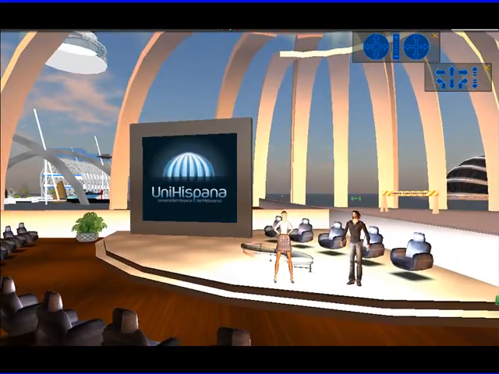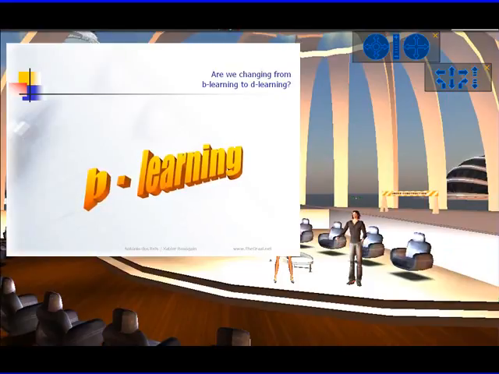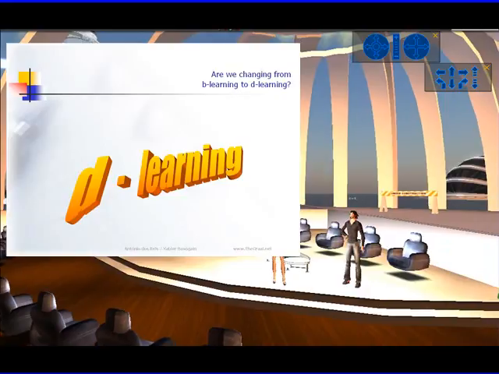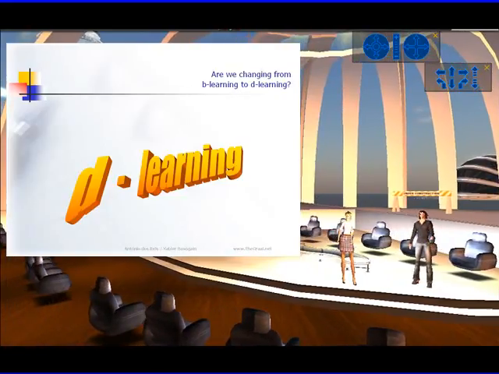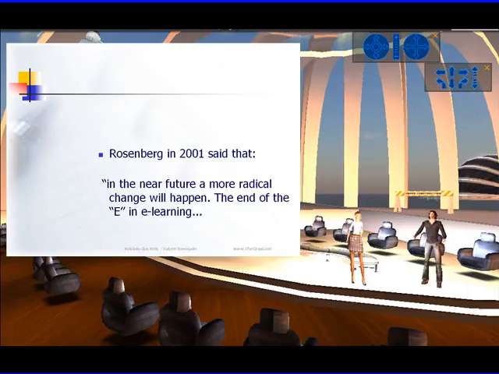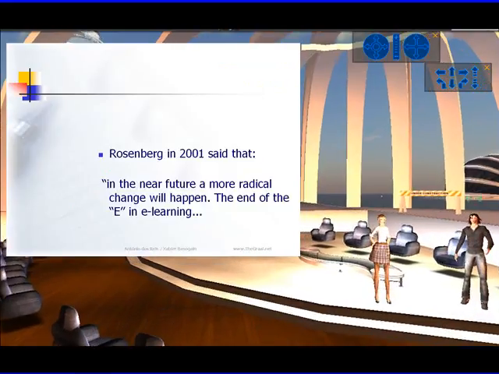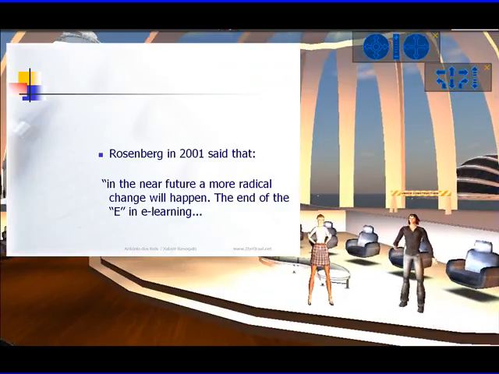And the question is, are we changing from e-learning to d-learning? From mixed learning to digital learning, the concept? I should say not. Why? Because in 2001, Rosenberg, in a futurist or futurologist approach, said that in the near future a more radical change will appear.